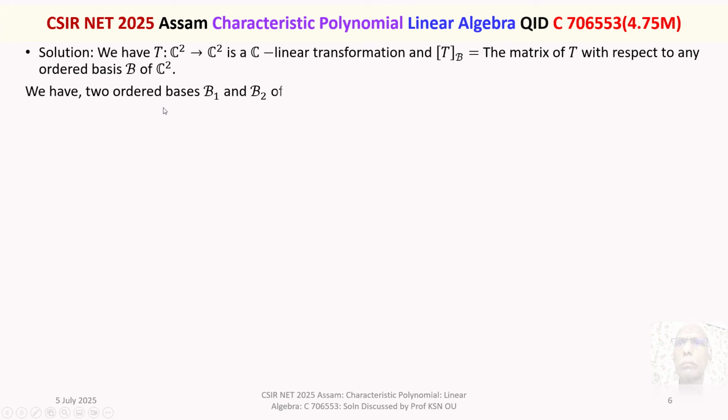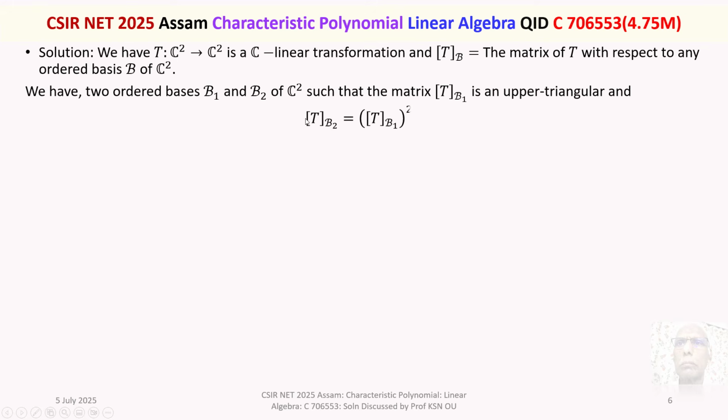We have two ordered bases B1 and B2 of C square such that the matrix of T with respect to B1 is an upper triangular matrix, and the matrix of T with respect to B2 is the square of the matrix of T with respect to B1.